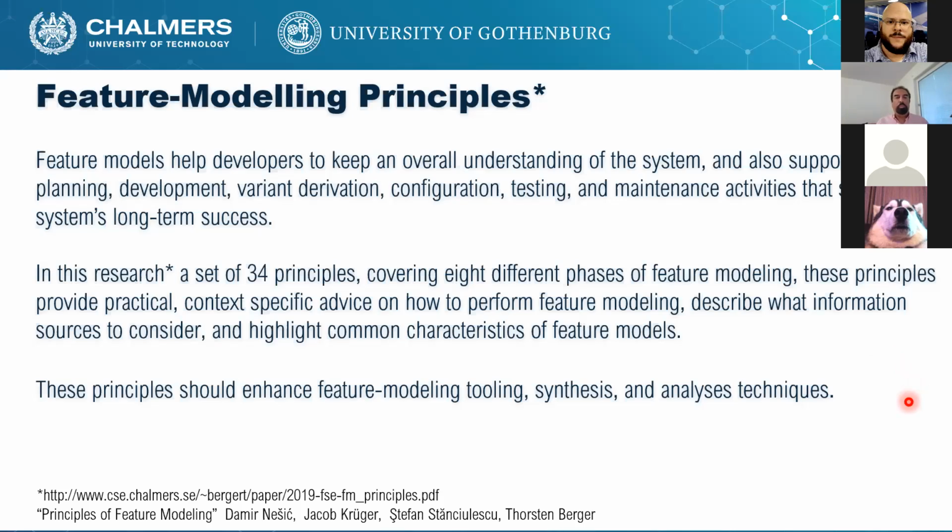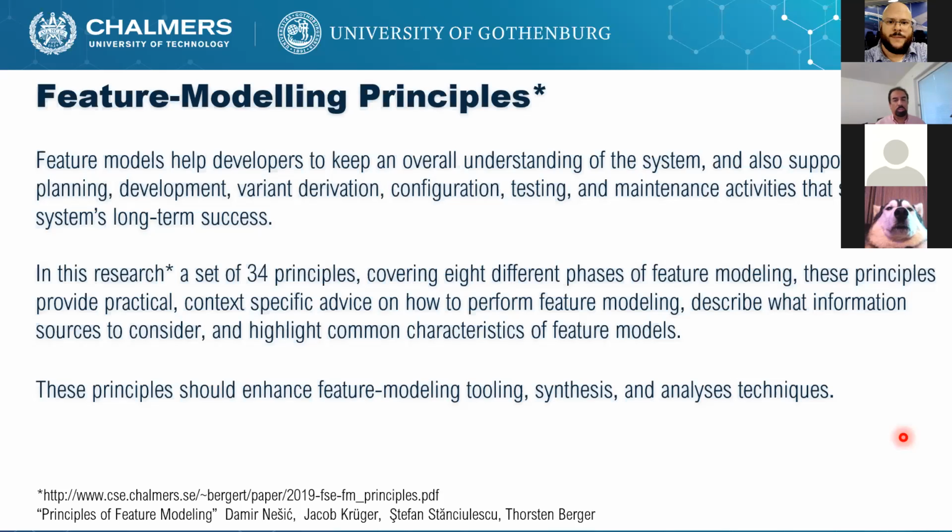So we said before about feature modeling, it's a communication tool, it helps you understand the system, communicate with the stakeholders, and supports scoping and planning, development, variant derivation, configuration, testing, and maintenance activity. So it's a very critical step and process in the whole development process of a product line.